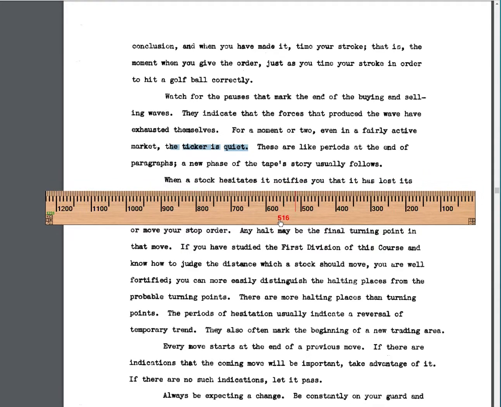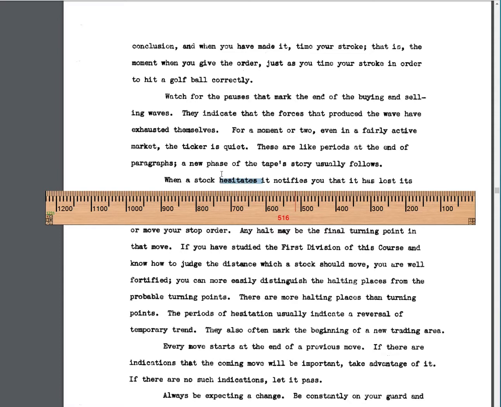When a stock hesitates, this is another point here. Hesitation. So what is hesitation? In my opinion, it's like when you have green bar, red bar, green bar, red bar. Or the market goes up, it hesitates, comes right back down. So it's like the opposite of follow through.